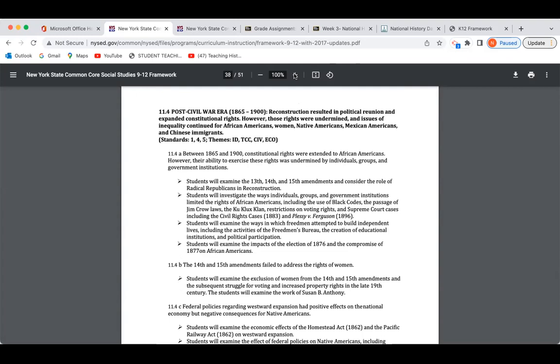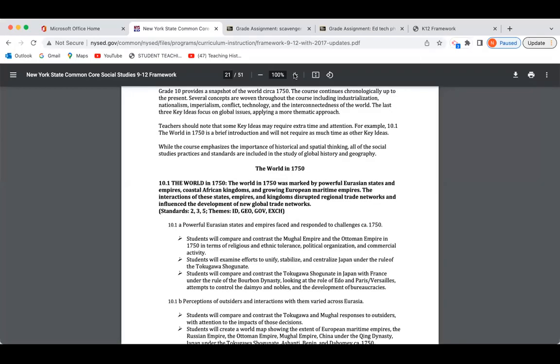So now I wanted to show you some examples of global. In terms of global, I had my students go through the K-12 framework for the 10th grade material.